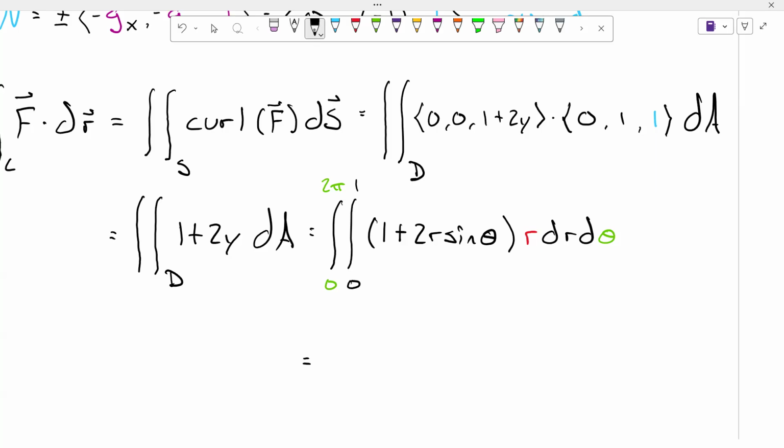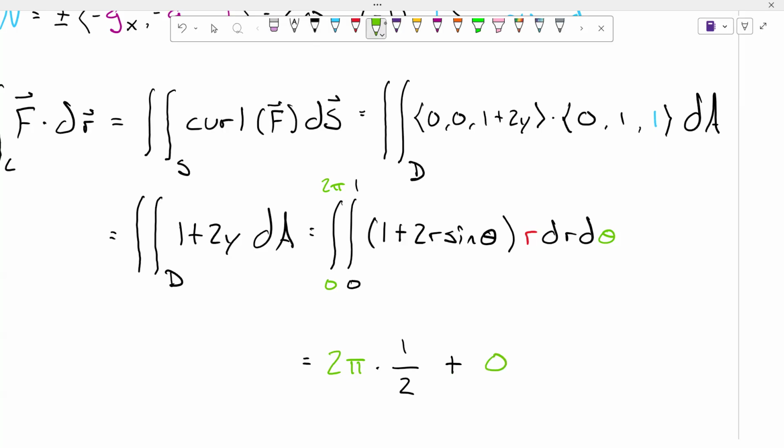So don't forget that 1 is going to be multiplied by r. So that's going to be 2 pi times the integral of r, which is r squared over 2, evaluated from 0 to 1 is just 1. Plus, again, the other part's theta bit integrates to 0.